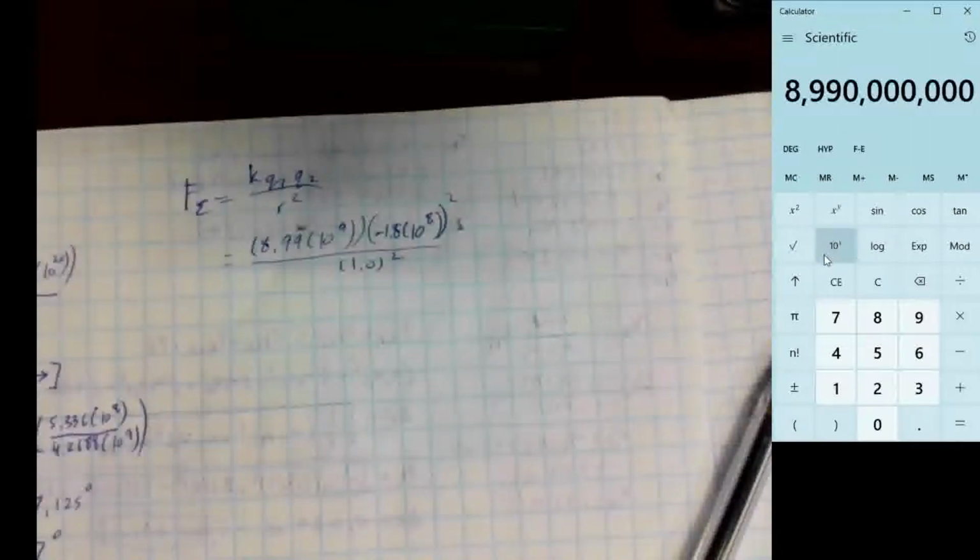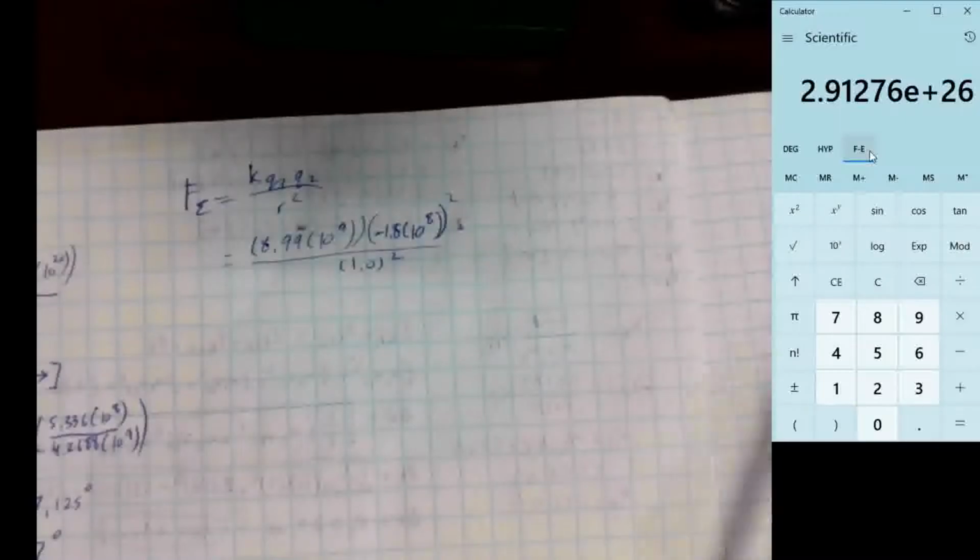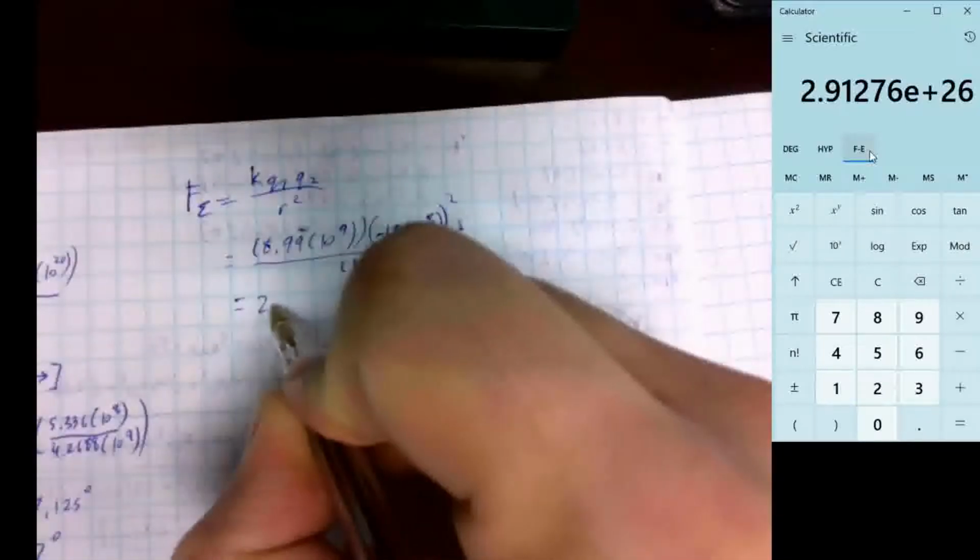So this K multiplied by 1.8 squared times 10 to the power of 16, divided by 1 squared. Well, it doesn't really matter. When I write this out, I get 2.9 times 10 to the power of 26.